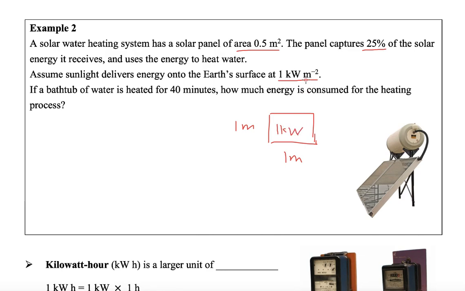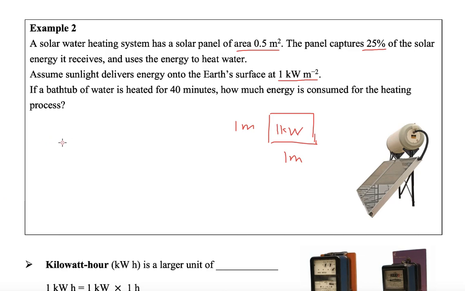So you can see that this time the panel does not have an area of 1 meter squared. Instead, it has an area of 0.5 meter squared. So in the calculations, you need to also consider the area here.